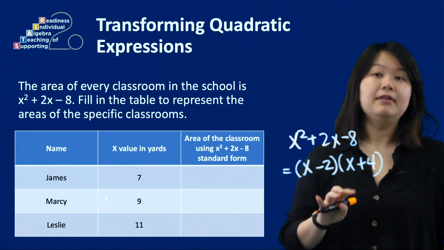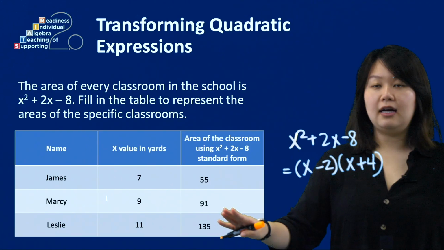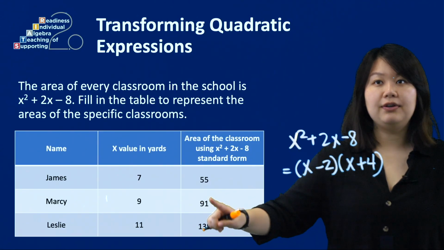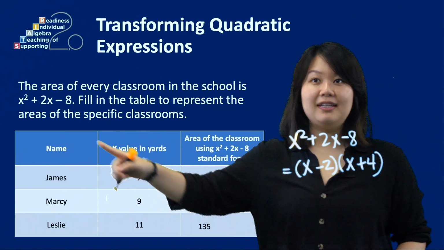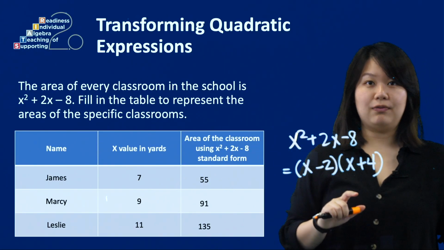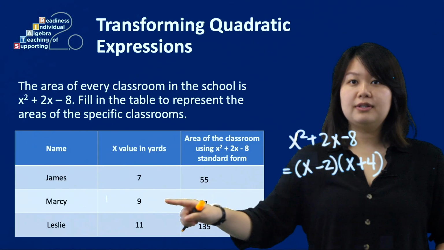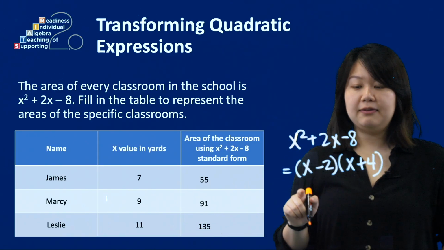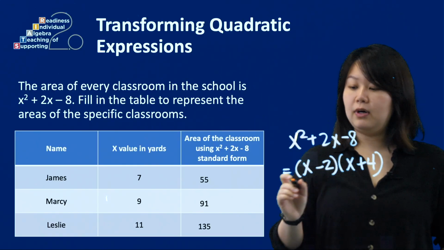So this is a statement, and previously students have filled in the areas given the x value and that expression, where they plug in, for example, 7 as x. Now students can do the same thing with the factor form. So let's use 9. If we use the x value of 9, we can substitute it for the x in the factor form.